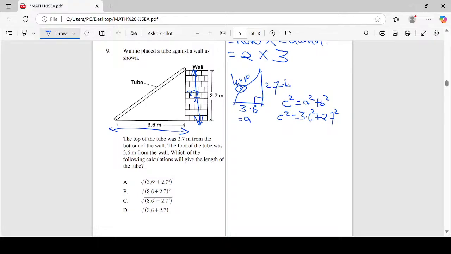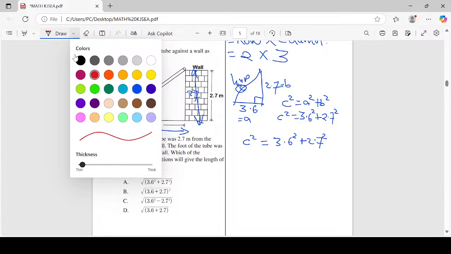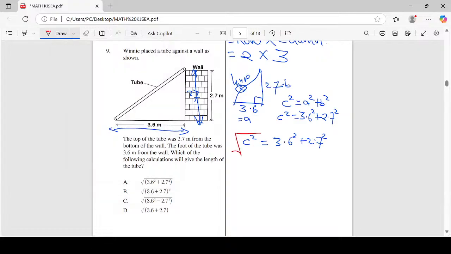Now, once I have C squared equal to 3.6 squared plus 2.7 squared, if I want to get C, I'm going to square root both sides. Once I square root here, I also have to square root the right hand side of the equal sign.